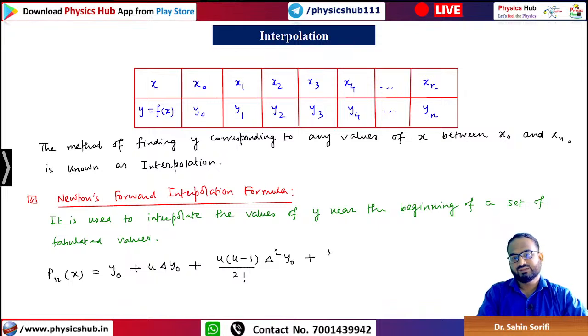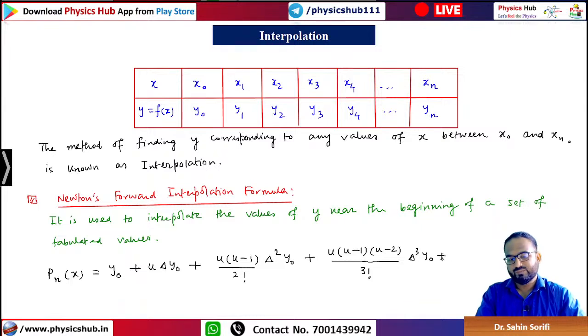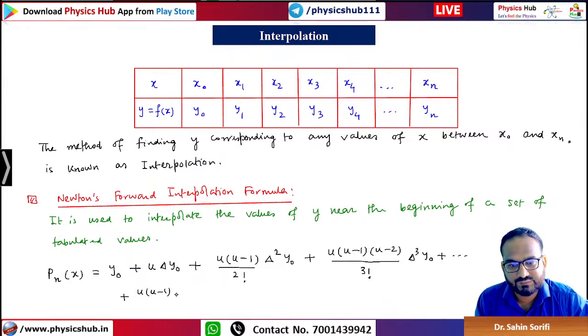Then plus u into u minus 1, then u minus 2, and in the denominator, whatever will be the factorial, u minus 1 unit less. Here you can see it is 2 factorial, so u minus 1; 3 factorial, so the last term is u minus 2, delta cube y0, plus and so on. Let us write the nth term. The nth term will be u into u minus 1, u minus 2, u minus 3, and so on.